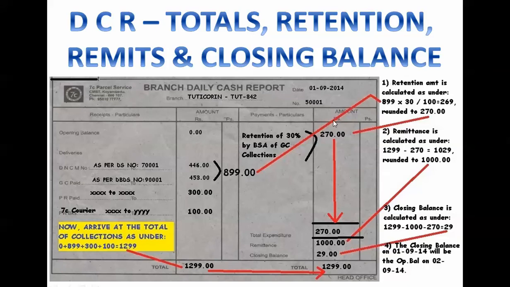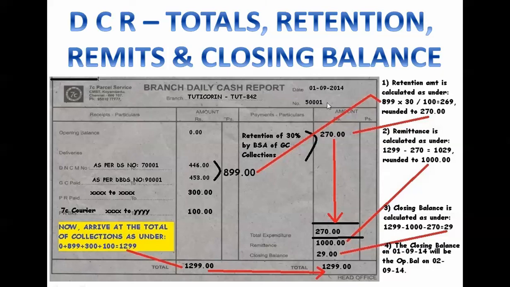Now in the payments column, normally the branch will account for all their expenditure. But since Tuticorin is an agent, he will not be allowed to account his expenditure because he is being paid a commission for all his booking and deliveries.